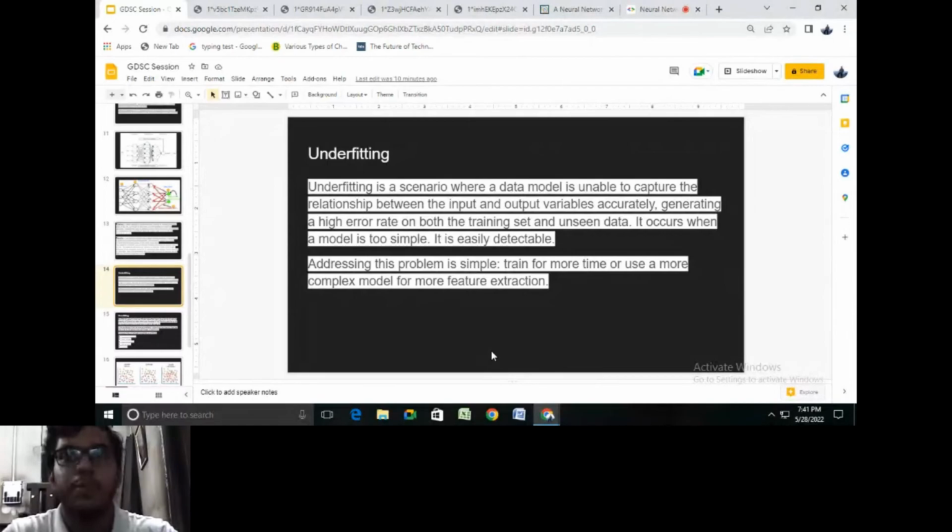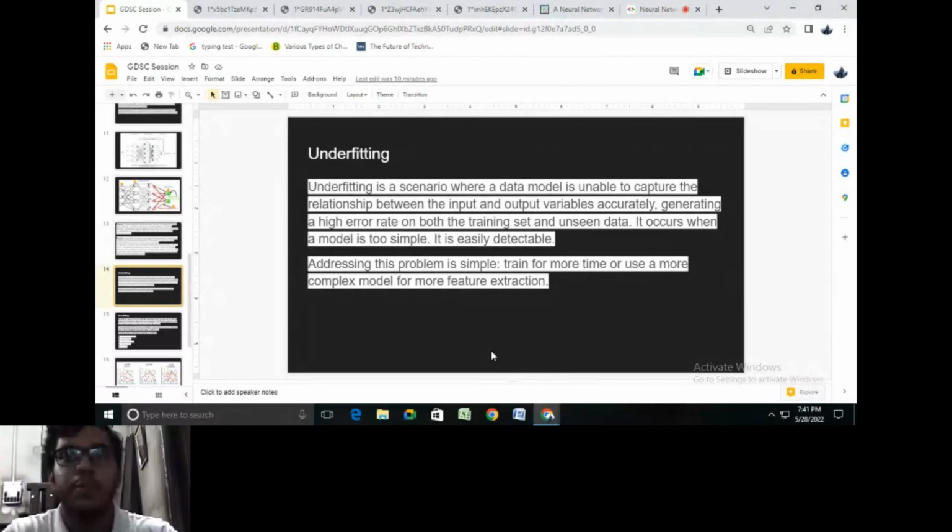In the right, it is overfitting because it has a low error rate on the training set but a high error rate on the testing set. And in the middle, the function is optimum because the training error as well as the testing errors are quite low.